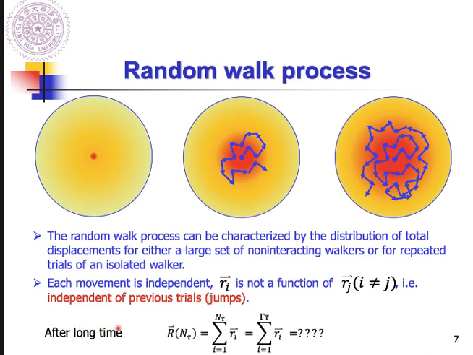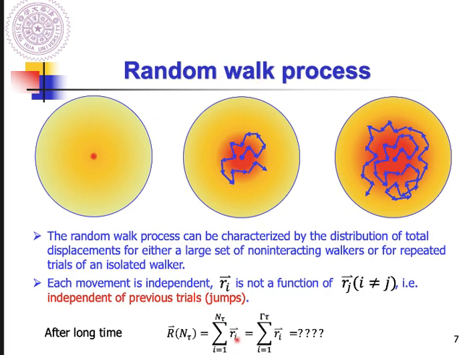After time tau, if you use the vector capital R, the summation of each jump, but this is a random walk. If you sum all the small r together, the total displacement of this atom will equal zero, because it's a random walk.